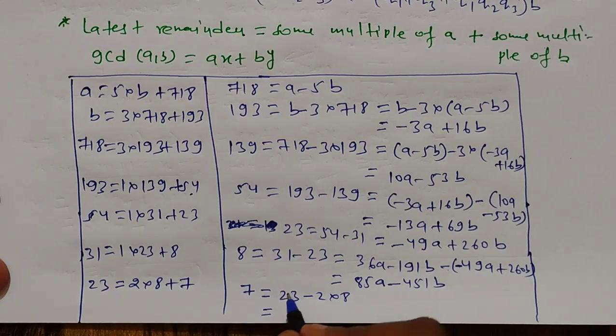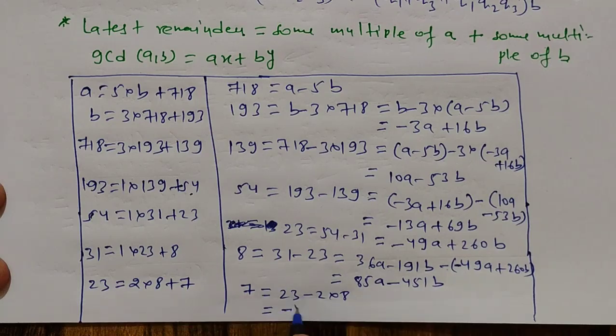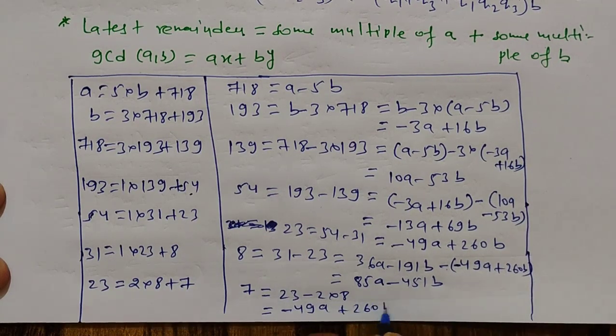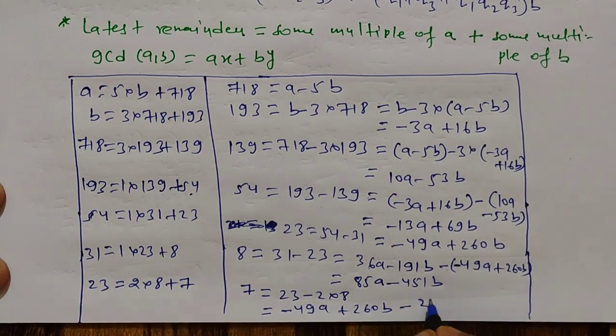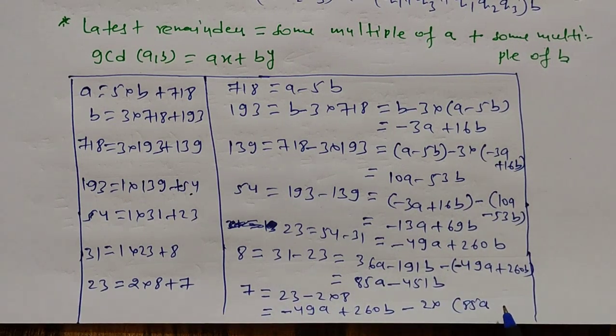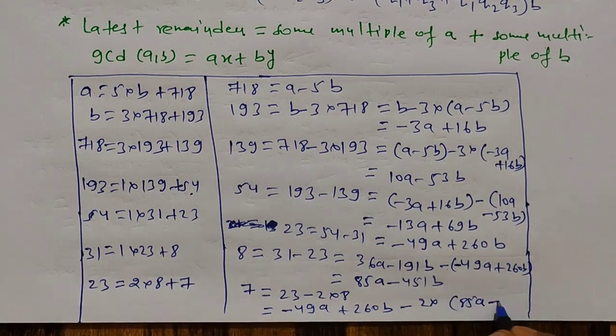minus 49a plus 260b minus 2 into 85a minus 451b.